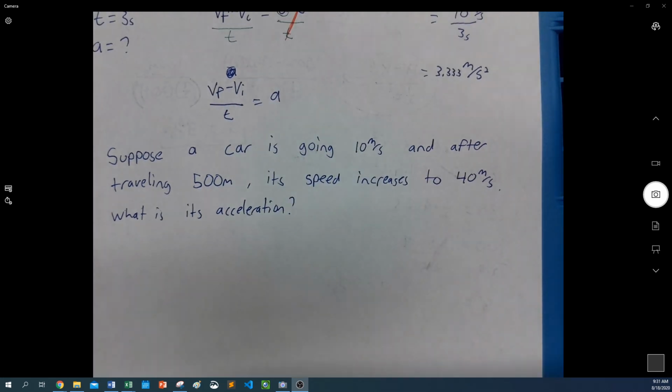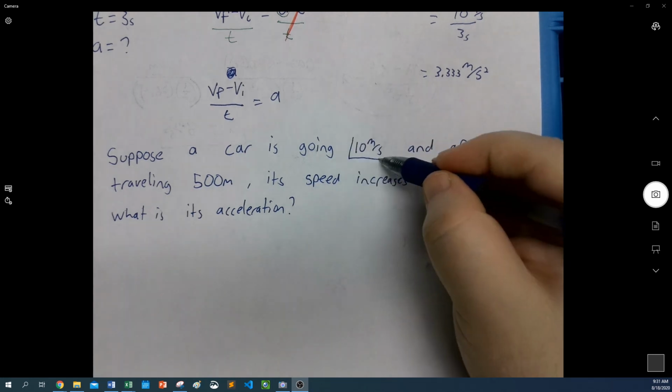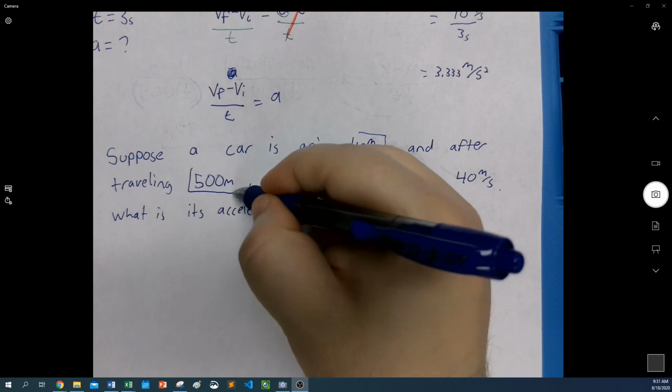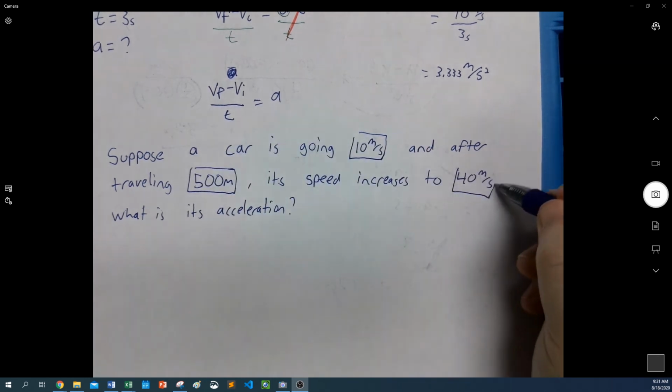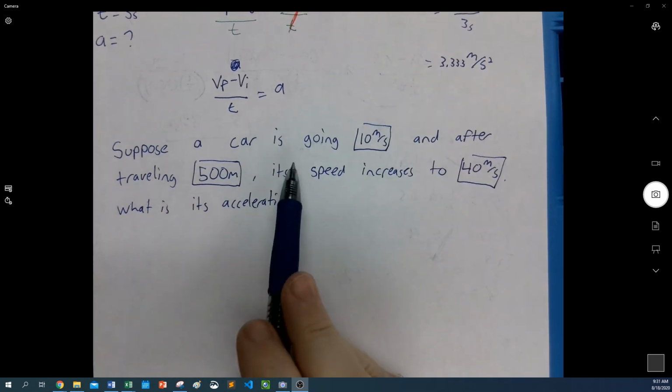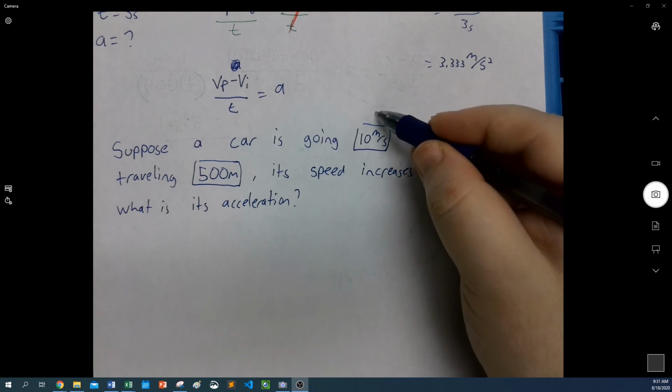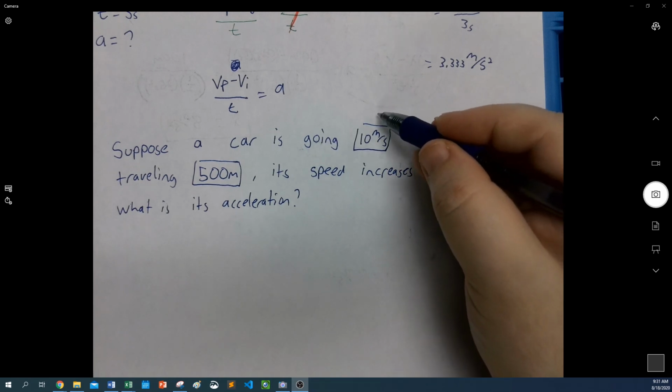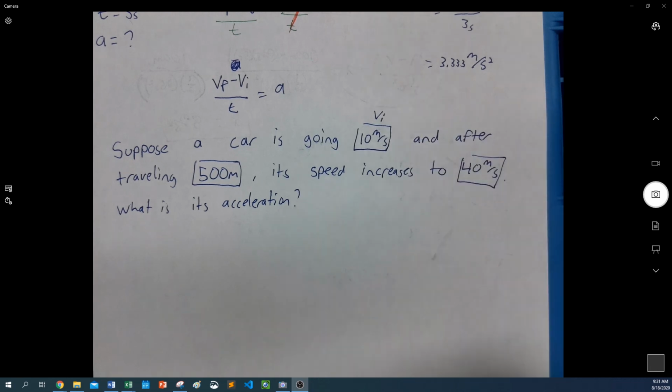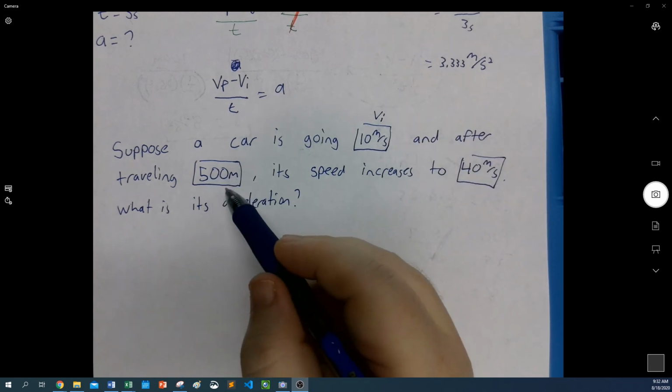So let's identify our variables. Look at our numbers. Suppose the car is going 10 meters per second. So this would be what variable? VI, initial velocity. This would be which variable?